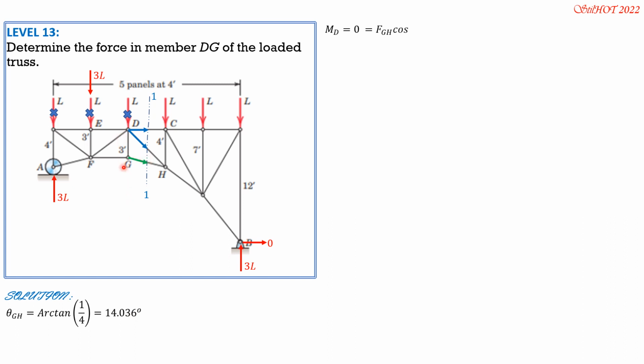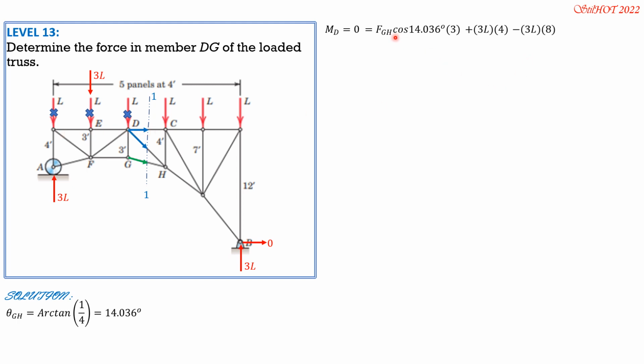So equals FGH cosine of 14.036 times 3. Then plus 3L, which is counterclockwise, 3L times 4. Then minus this reaction 3L times 8. 4 plus 4 is 8.